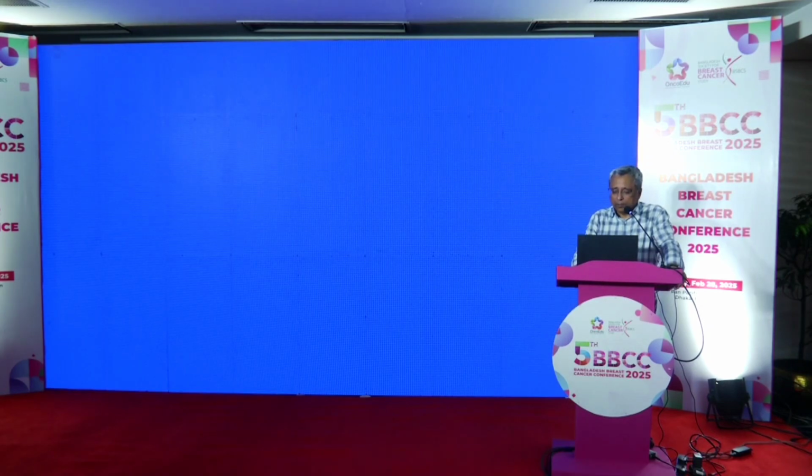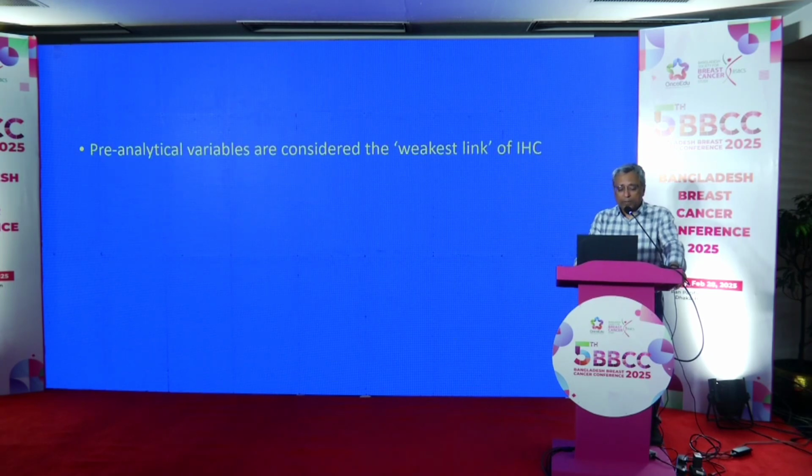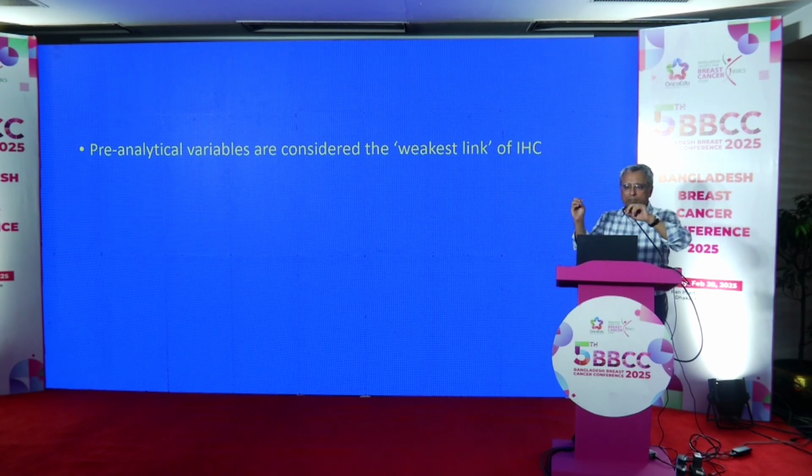Okay, so as I mentioned, of the 3 steps, the pre-analytical variables are considered the weakest link. That means most of the problems happen during the pre-analytic phase, and even within the pre-analytic phase, the most common problem is accessioning: matching the right patient with the right specimen.